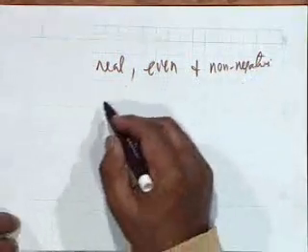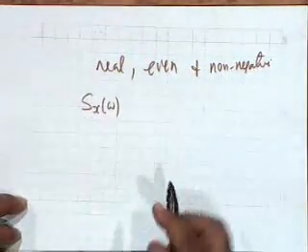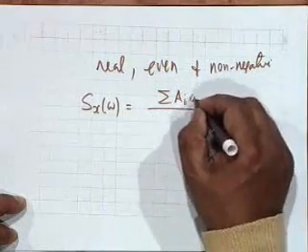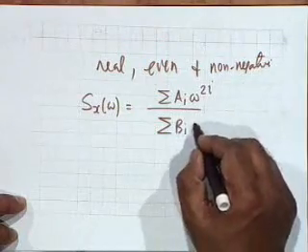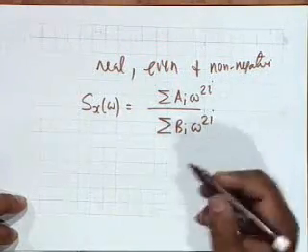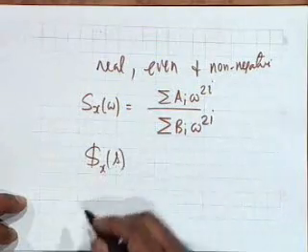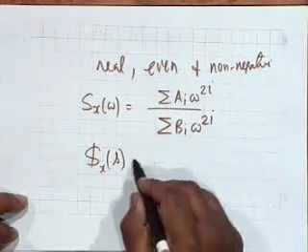All right. If that is so, then obviously Sx of omega is a rational function. That is, it is a function like this: summation ai omega to the 2i divided by summation bi omega to the 2i. Then all that you have to do to obtain Sx of s is to replace omega squared by minus s squared.